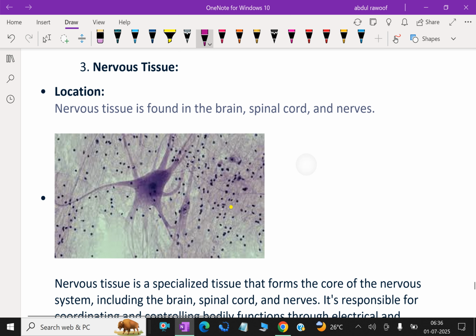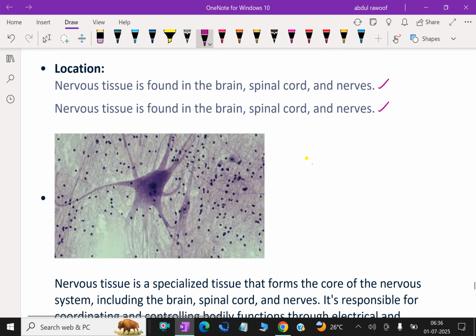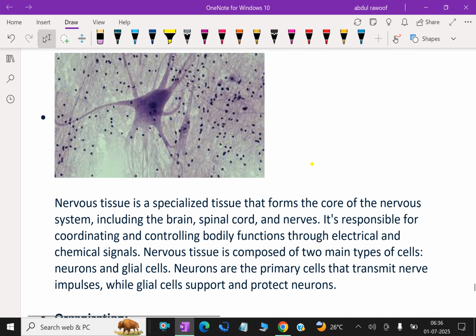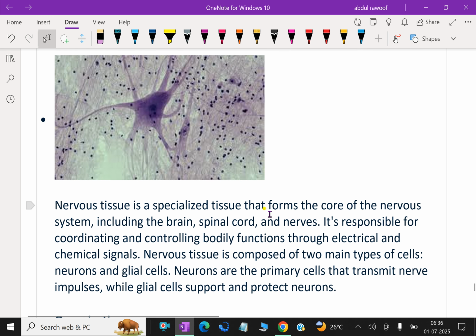Nervous tissue, where it is located. Nervous tissue is found in the brain, spinal cord, and nerves. Nervous tissue is a specialized tissue that forms the core of the nervous system, including the brain, spinal cord, and nerves. It is responsible for coordinating and controlling bodily functions through electrical and chemical signals.